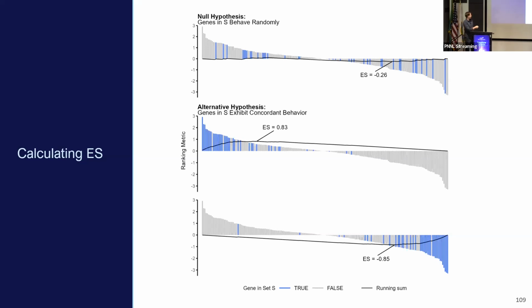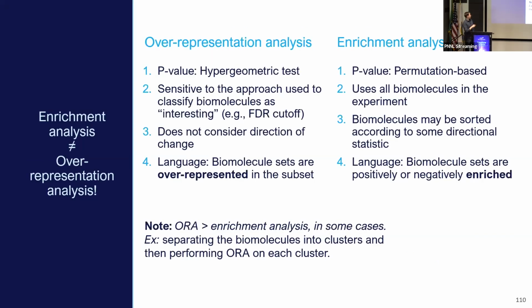Clear as mud, right? So I want to cover the distinction between the overrepresentation analysis and the enrichment analysis. So overrepresentation analysis uses the idea of typically a hypergeometric test. I like to use the example of M&Ms.